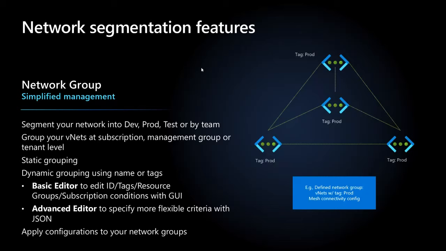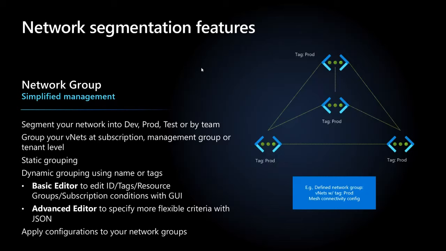Okay, and another way is dynamic grouping. This is the powerful grouping of network resources in a conditional way. For example, you can say, I want all of the VNets with the tag prod to be in the same network group called production network group, right?